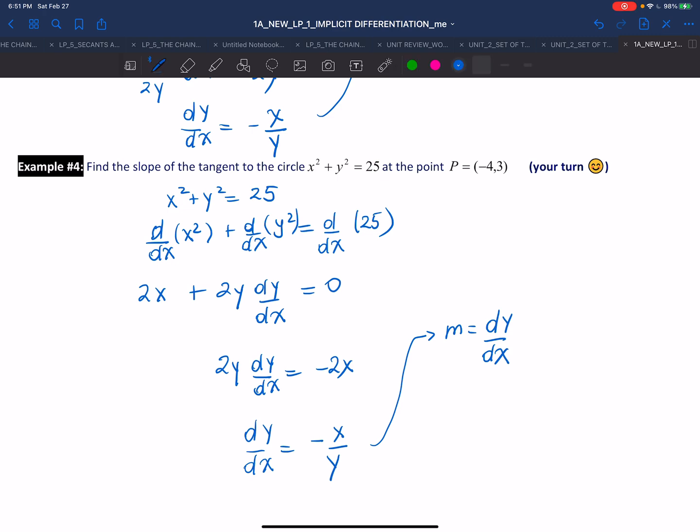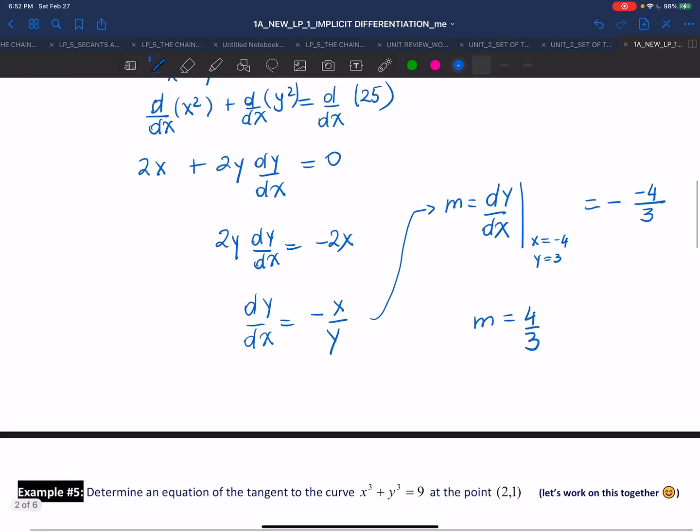So that's why we always obtain the same expression for the derivative. So here we go, x equals negative 4, y equals 3. That means that we have negative 4 in the numerator, 3 in the denominator, so the slope must be 4 over 3. Okay, done.